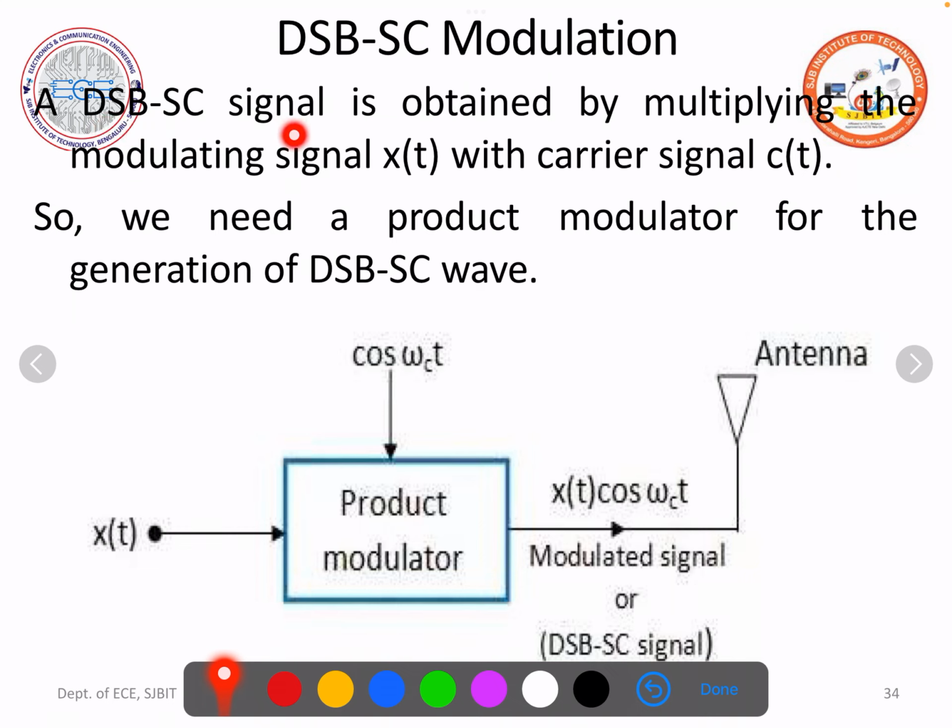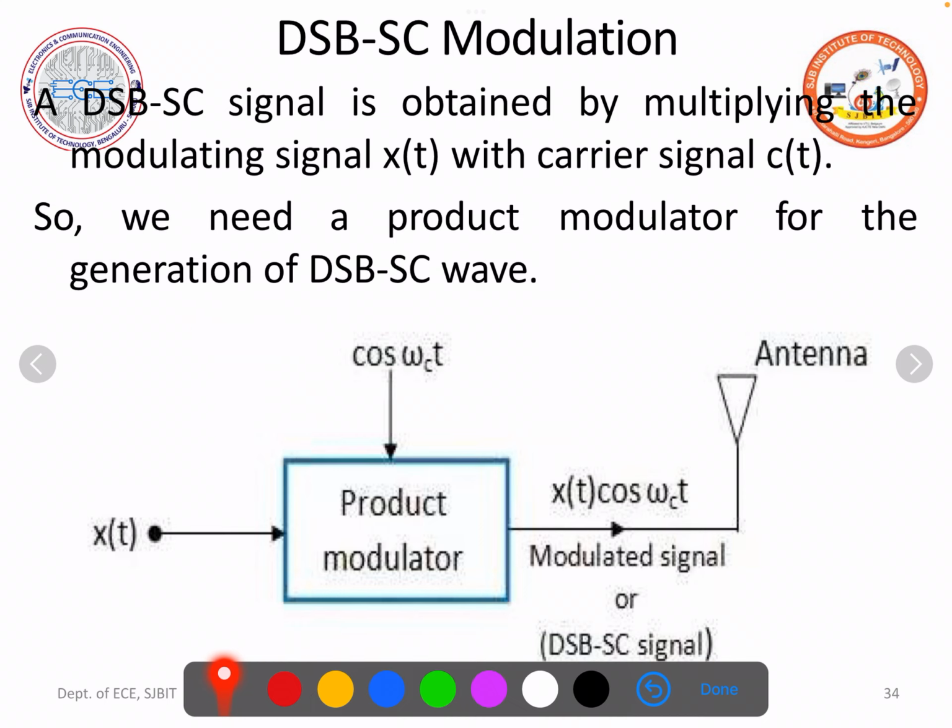How do we obtain the DSBSC signal? It is the multiplication, or product, of the message signal x(t) and the carrier signal c(t). We need a device called a product modulator for the generation of the DSBSC wave.